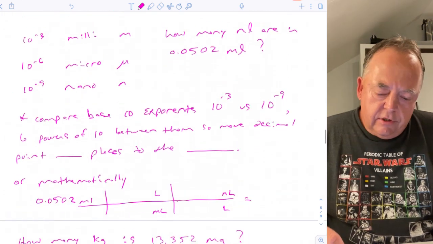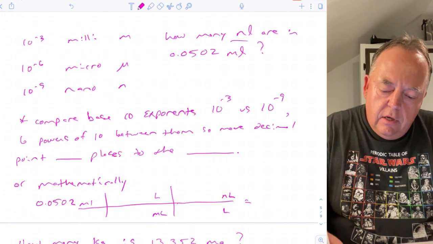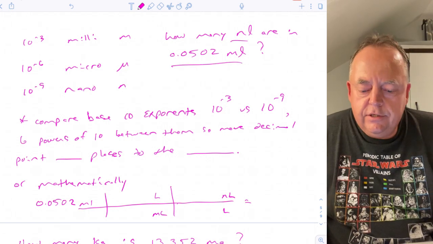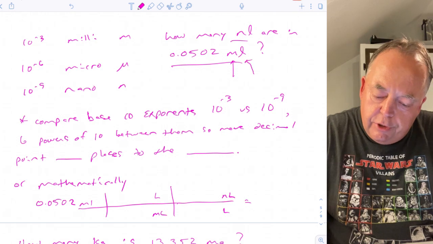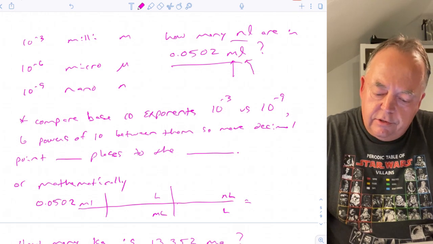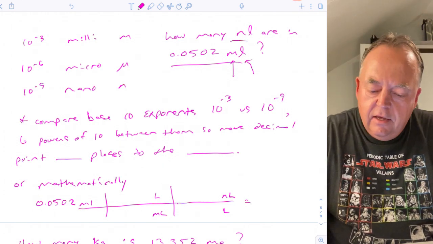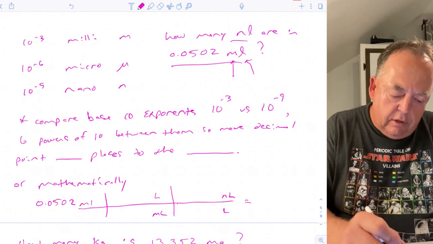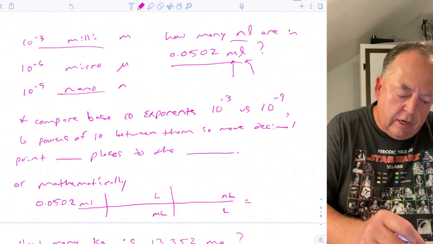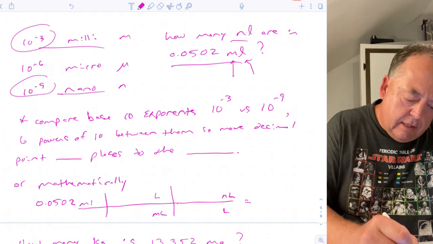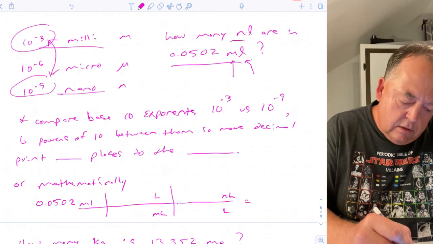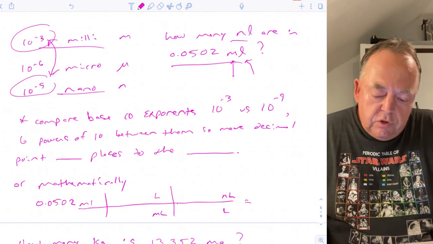Okay, let's take another example. How many nanoliters are in 0.0502 milliliters? There's your unit, it's in liters, and your prefix is milli versus nano. If you want to convert from milli to nano, you have to know milli is 10 to the minus 3, nano is 10 to the minus 6, and then look at how many powers of 10 are between those two numbers.